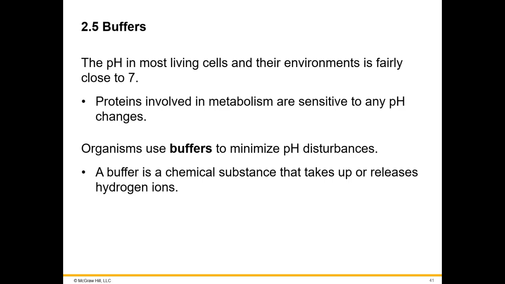And that's just like the Tums that we just talked about. That's an external buffer. That's a buffer that you went to buy. So we also have cellular buffers, substances in our own cells that are providing balance between the amount of hydrogen ions and hydroxide ions. So if we have buffers, that means we have a substance that can take up or release those excess hydrogen ions so that we can keep a balanced pH.